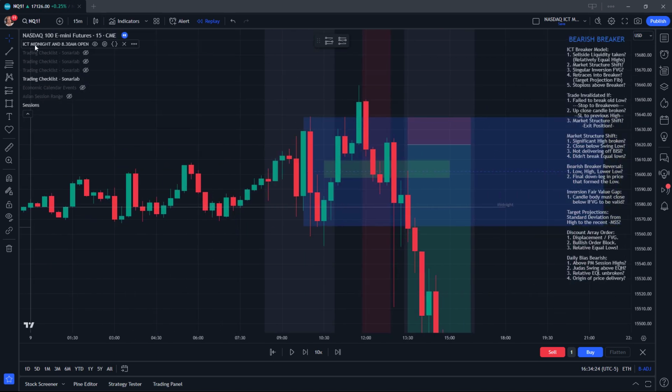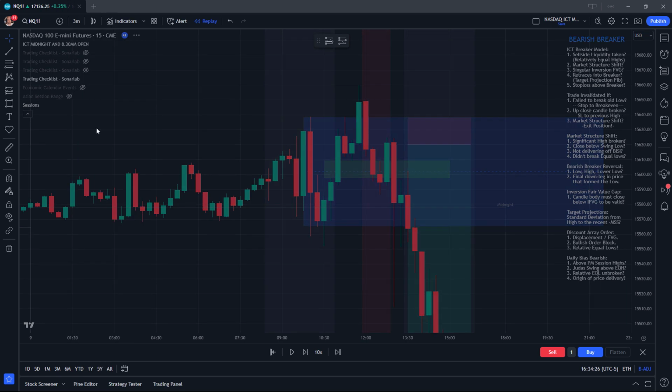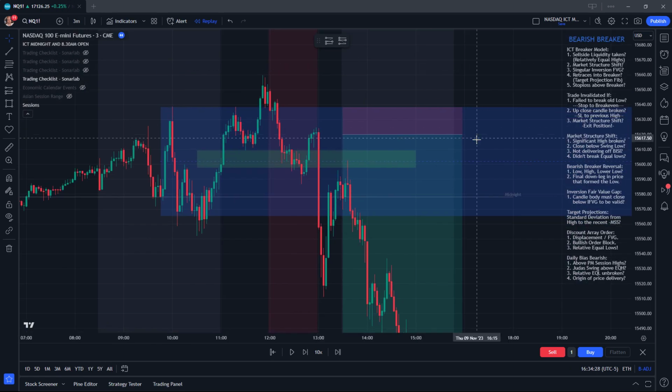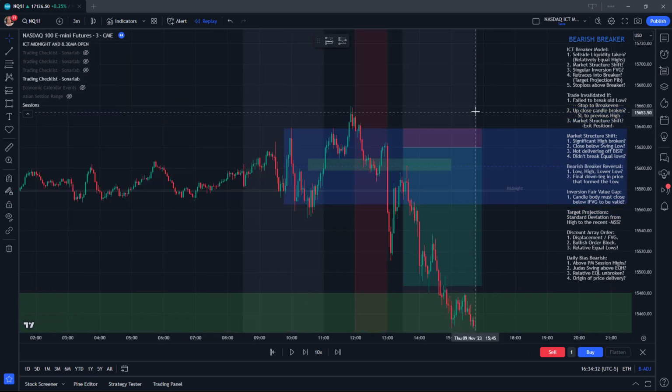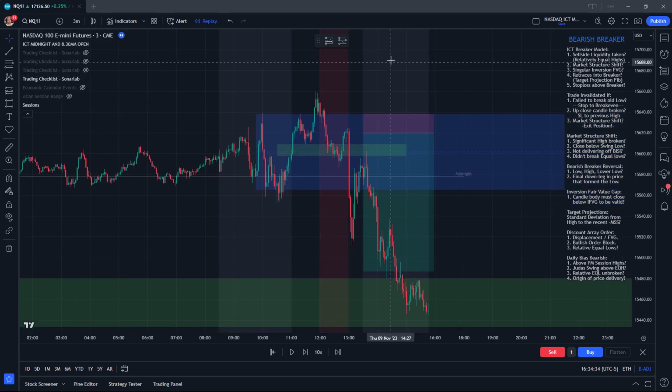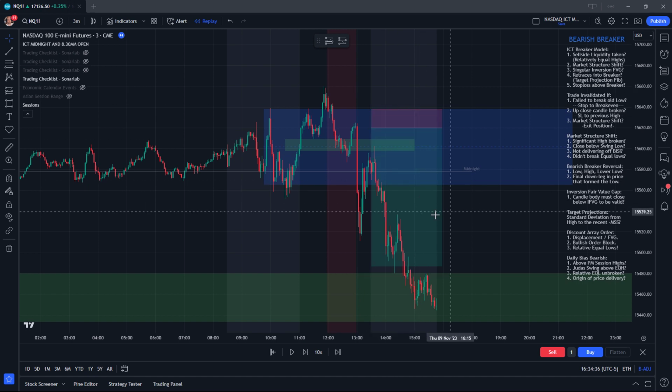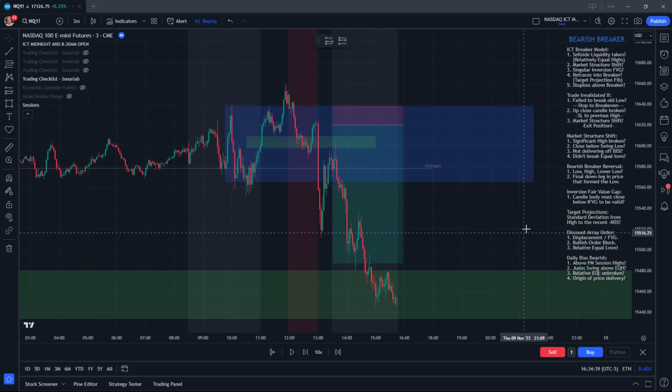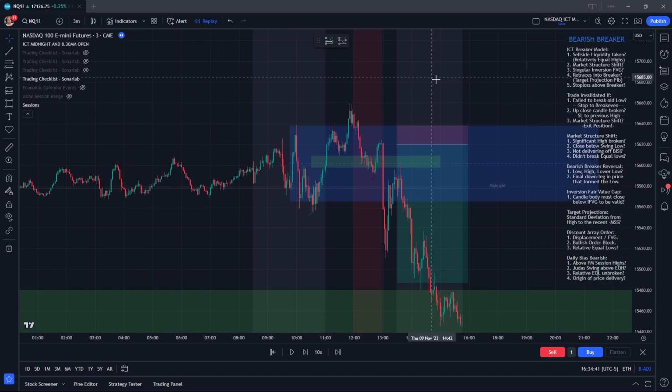Now, to be honest, I stuck to my rules. Price went where it was predicted to go on all of the examples, and in 2 of those examples we didn't actually get filled, which is fine. But the whole point was just to demonstrate the breaker in effect.